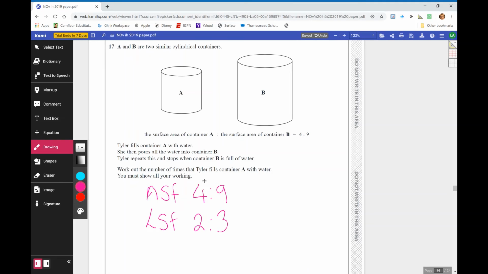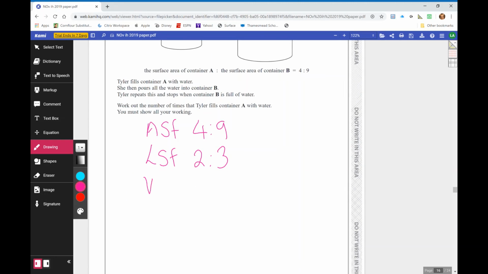But this is actually asking you about the volume. So we've got the area scale factor, they've given that to you. You have to go back down to the linear scale factor, well it's 2 to 3. And then to find the volume scale factor, you would cube it. So that means that for every 8 of one, there's 27 of the other voluminously.